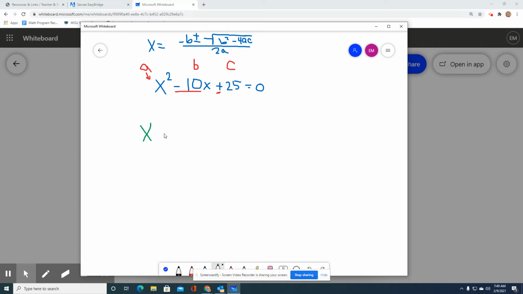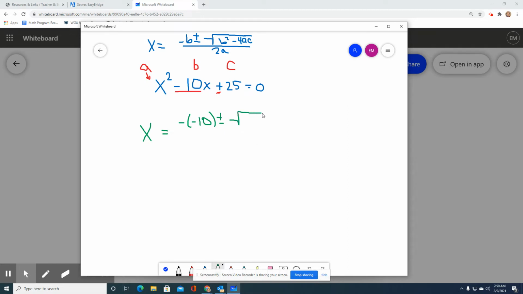So here we go. First of all, our b is negative 10. Notice we have a minus 10, so this will turn into a positive 10. But I always like to write it in parentheses to make sure I've got the whole thing and put the minus sign out front. Plus or minus, which means we are going to add the discriminant, which is the number underneath the radical sign, and we're also going to subtract it.